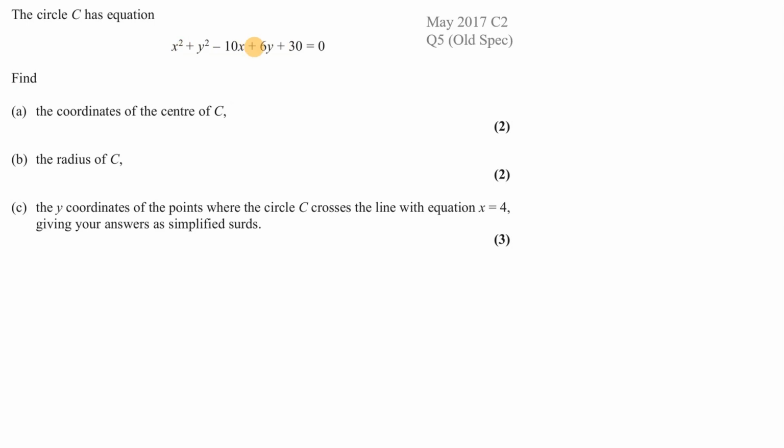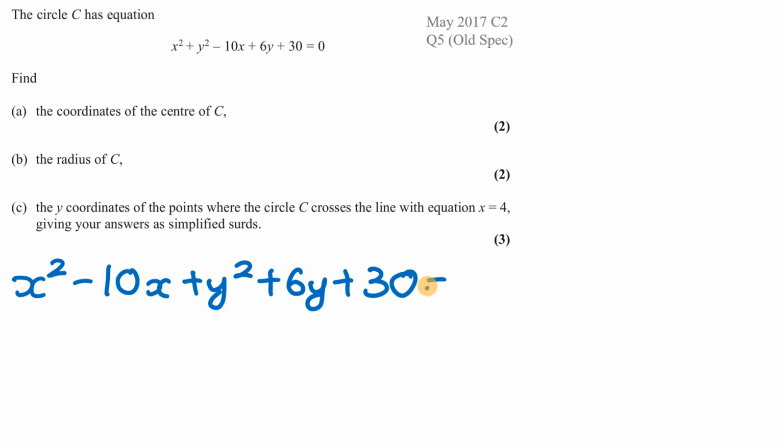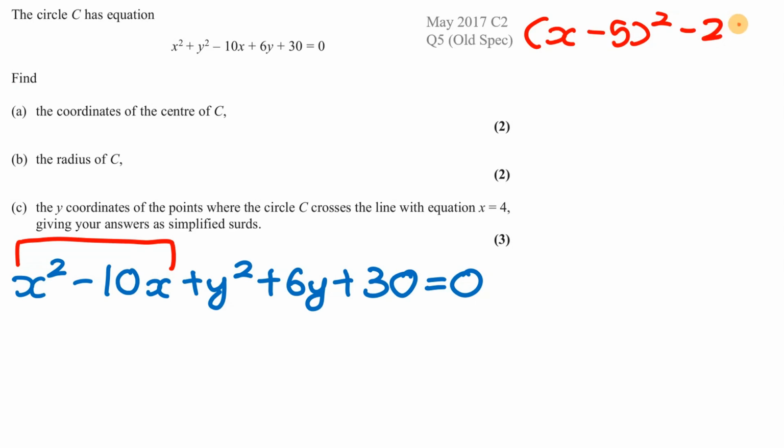So let's write this with the x and the y terms together. Let's write this as x squared minus 10x plus y squared plus 6y, and then we have this plus 30 on the end, and this is equal to 0. If we complete the square on x squared minus 10x, it's going to be x, and then we half minus 10, so it's minus 5 squared, and then 5 squared is 25, so we minus 25.